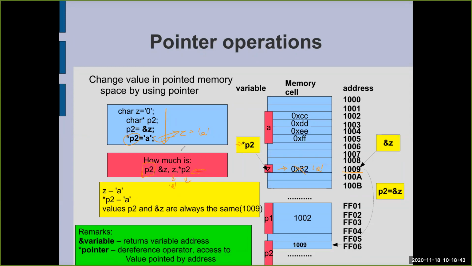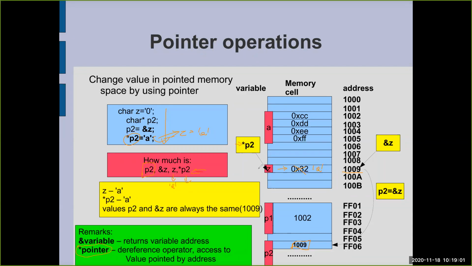So what is the value? No, asterisk P2, look, it is the reference. So if the pointer value is 10009, it means that it points to that memory.